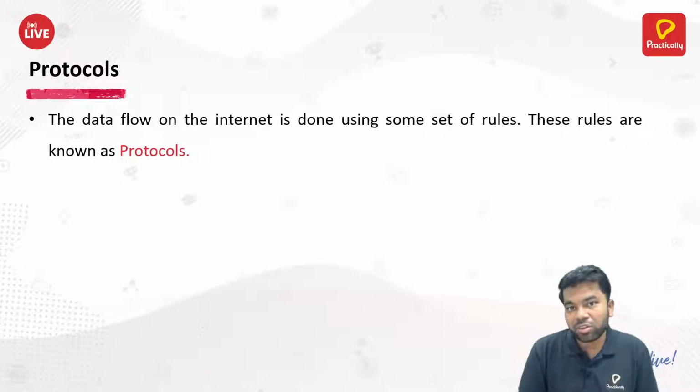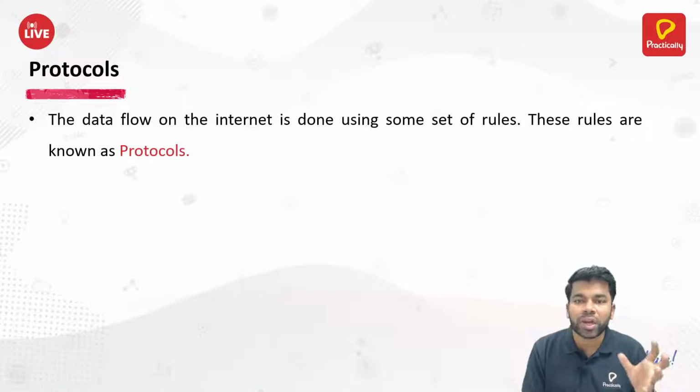There is a set of rules which we have to follow to connect our device to the internet, to download the data from the internet, and to upload the data onto the internet. We have to follow a certain set of rules. Those rules are known as protocols in networking. So protocols are nothing but the set of rules which every device has to follow to connect to the internet.